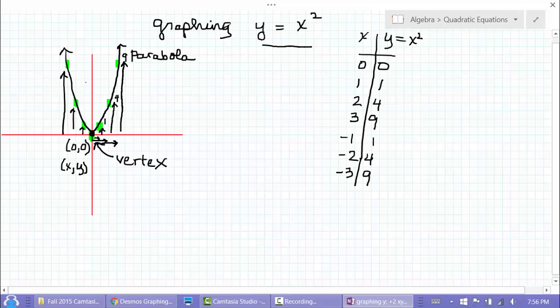We can imagine folding the parabola in half along this dashed line, and it would be symmetric on either side of that fold. The vocab word for this dashed line is axis of symmetry.